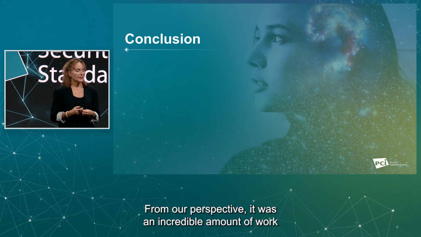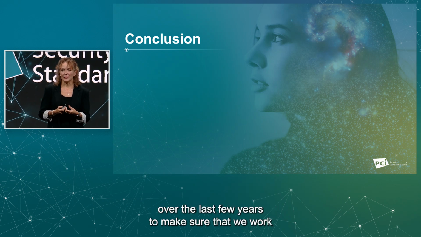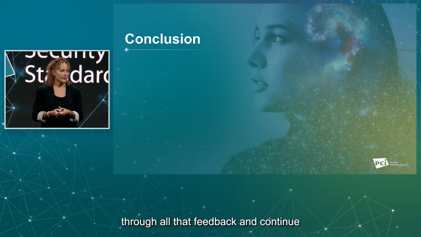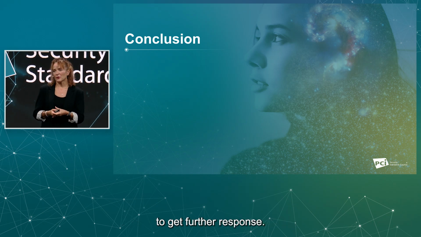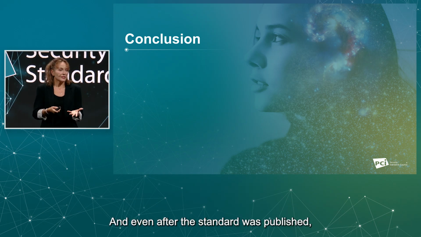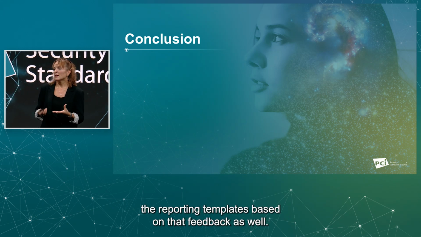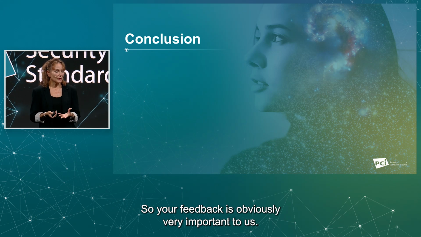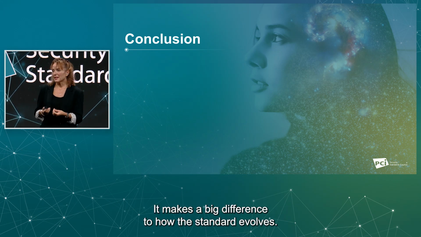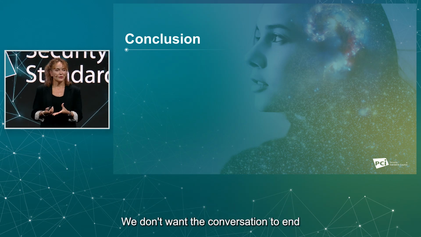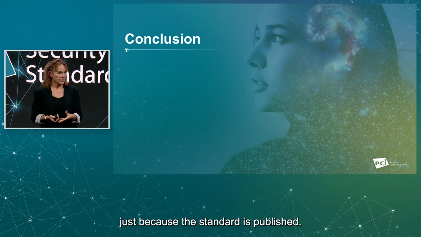From our perspective, it was an incredible amount of work over the last few years to make sure that we work through all that feedback and continue to get further response. And even after the standard was published, as I just mentioned, we're looking at evolving the reporting templates based on that feedback as well. So your feedback is obviously very important to us.